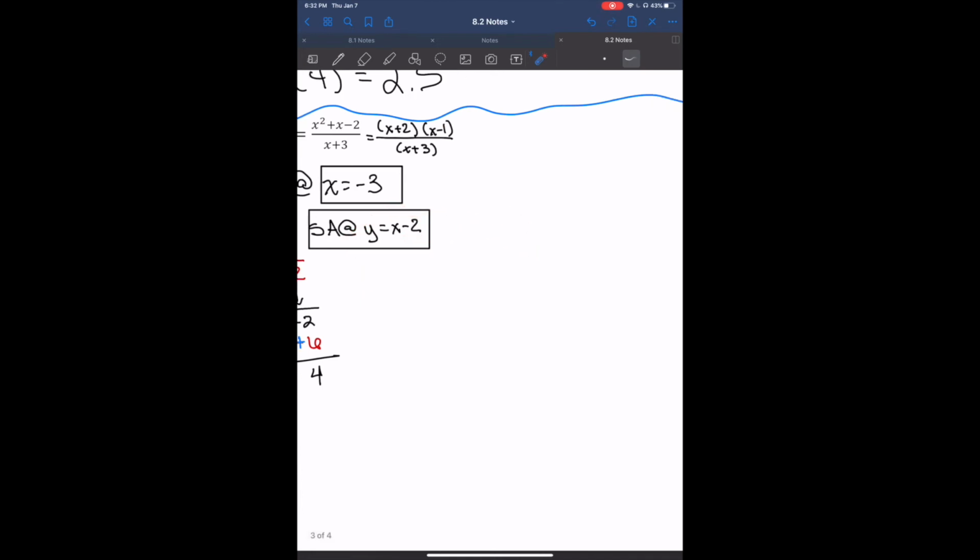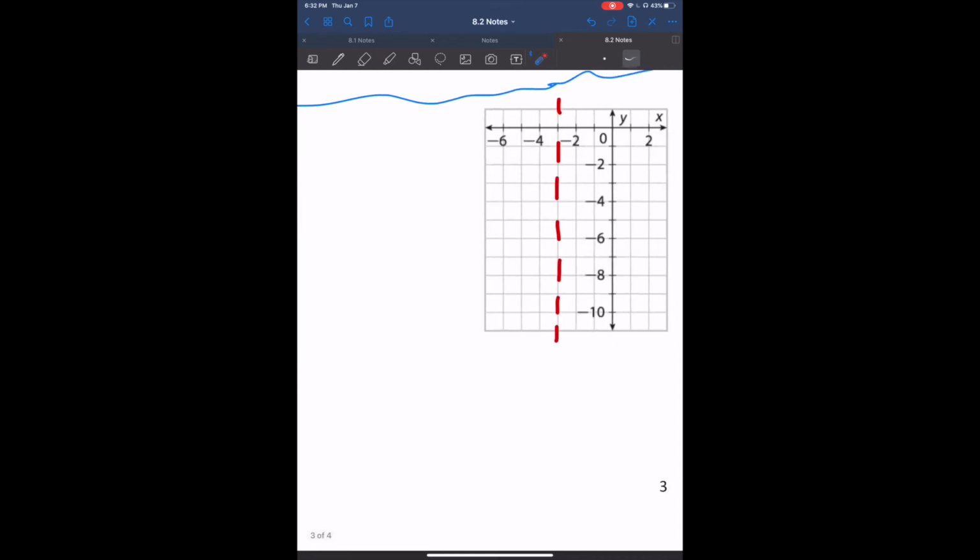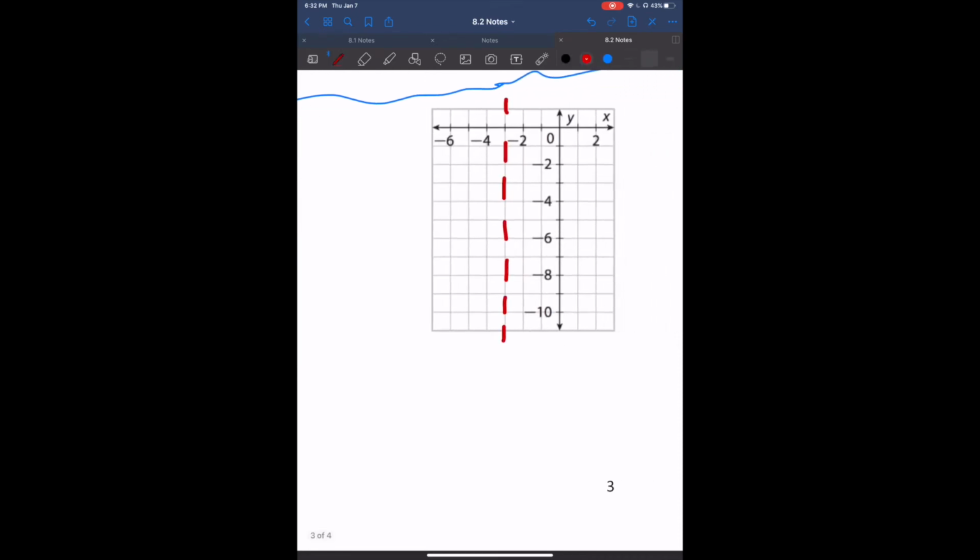So we're starting at negative 2, and we have a slope of 1, so up 1 over 1, right? So let's see, y-intercept of negative 2, using our slope, up 1 over 1, opposite direction, down 1 to the left 1. You can see our diagonal line here. Make your dashes, and you have your slant asymptote.